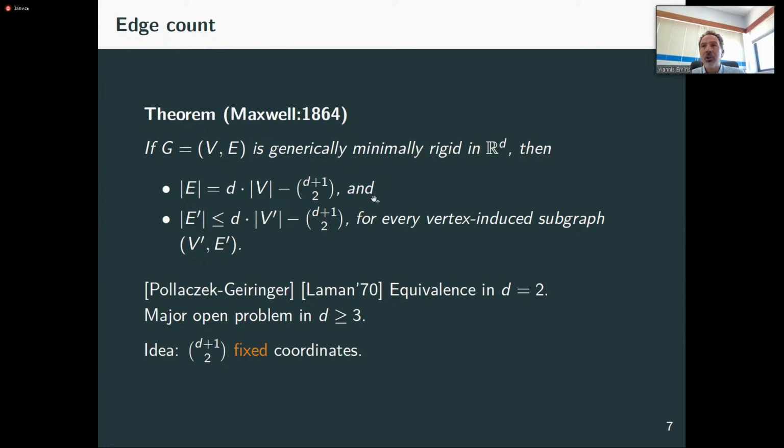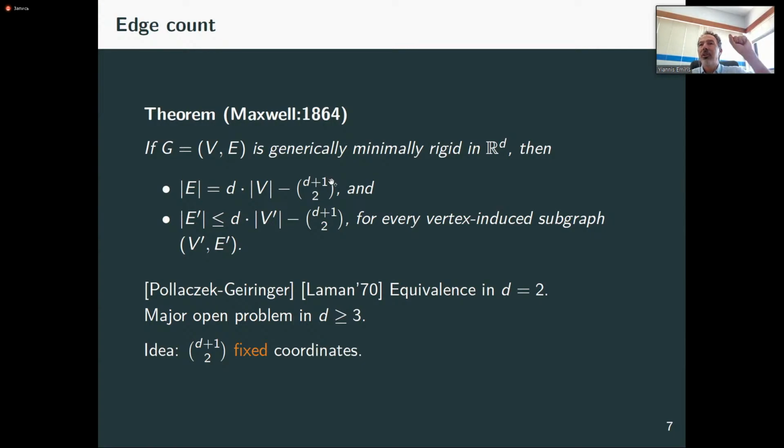What are the degrees of freedom? What are the unknowns? The unknowns are the coordinates for every vertex, because I have to embed it in a space of dimension d, minus the number of coordinates specified in order to fix the graph and avoid translations and rotations. So if d is 2, this quantity equals 3.